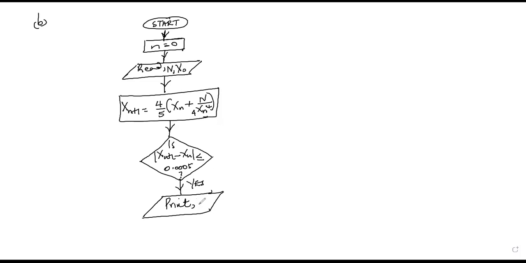So you're printing the 5th root of n, or one can put xn plus 1 because that will be the root. And after printing, of course, you have to end the program. So we have to put stop. So you need to know the shapes we use and the shapes we don't use.